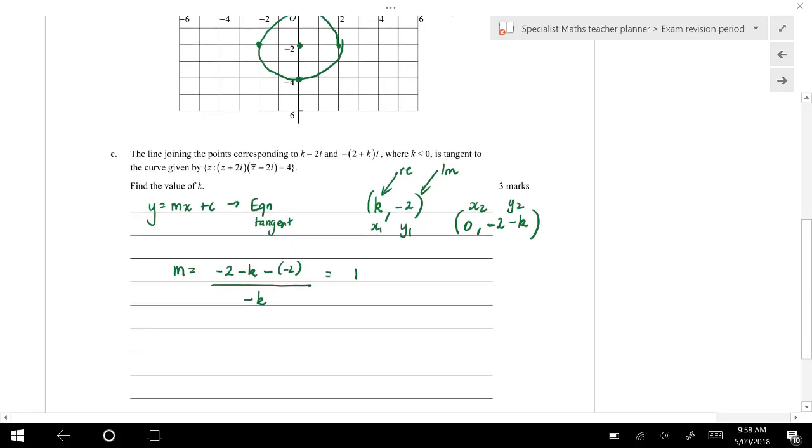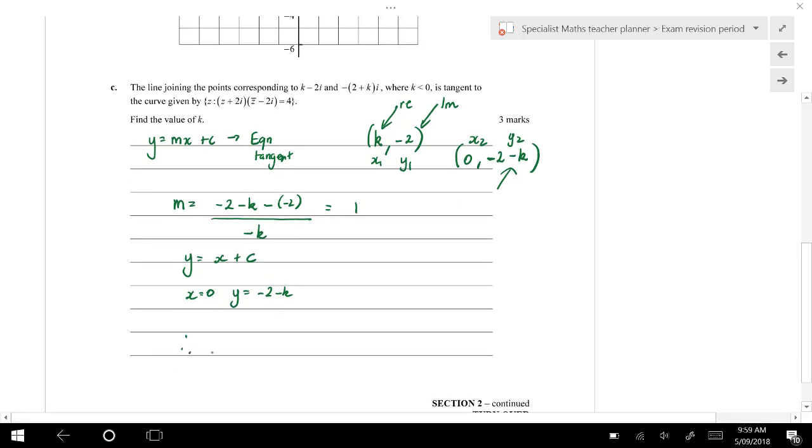So therefore, we've got y is equal to x plus c. Now, that's my equation of the tangent. But what we can say is, when x is equal to 0, y is equal to minus 2 minus k. I got that from over here. I just picked a point, picked the easiest point. I could have picked the other point as well, couldn't I?